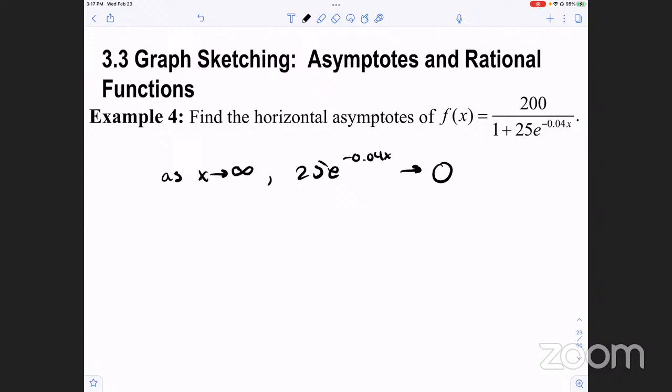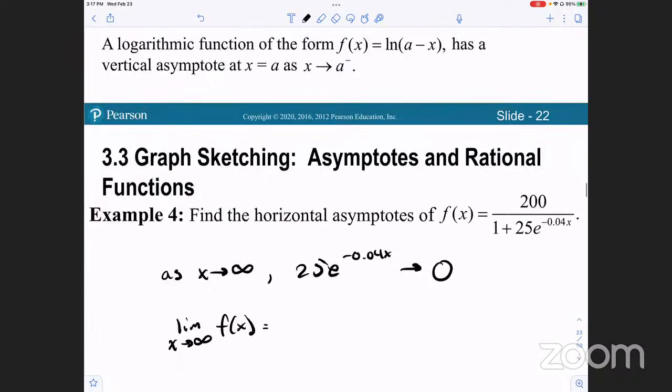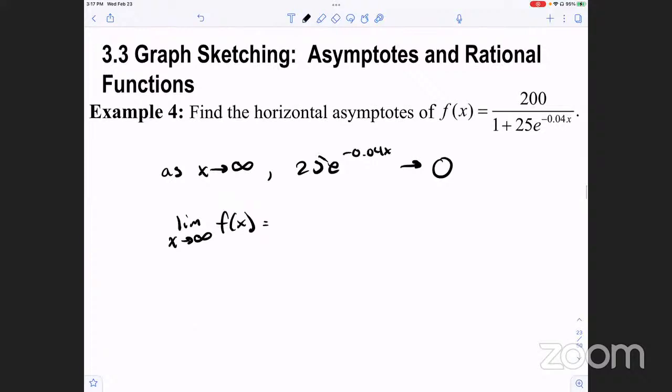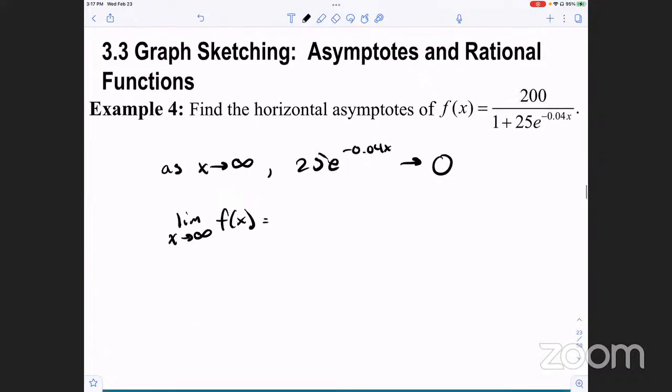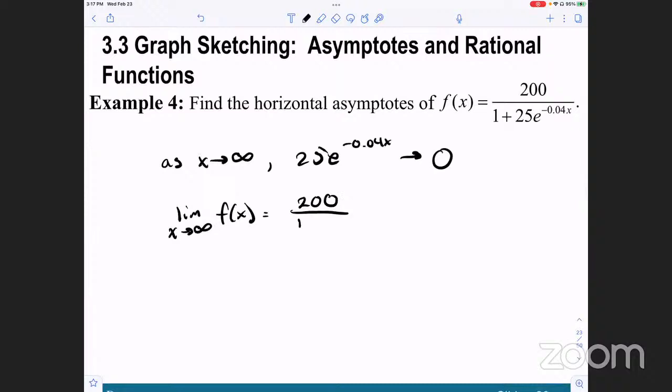Up to the far right, the limit as x tends to infinity of f of x is 200, because you're going to have 200 over 1 plus 0. Let's consider the limit as x tends to negative infinity of this function.